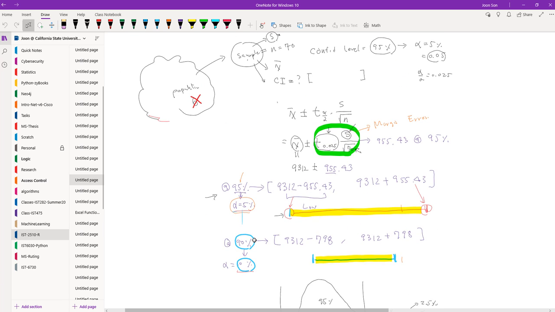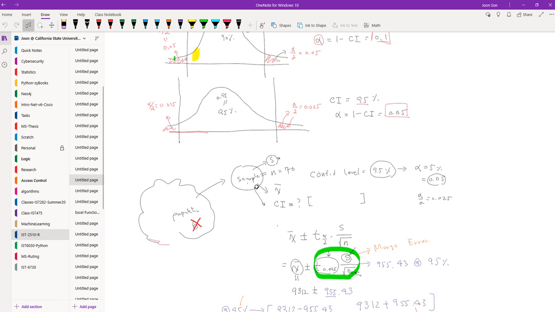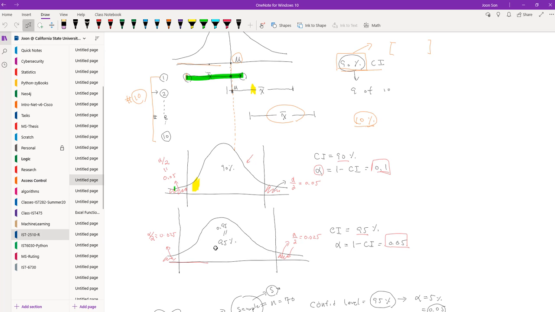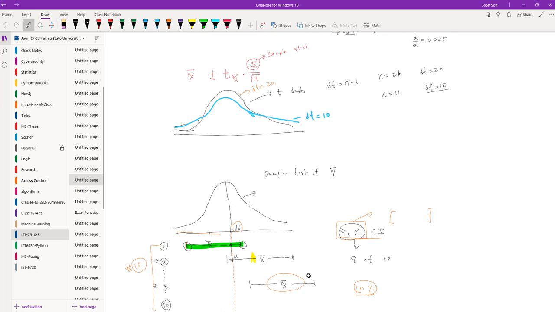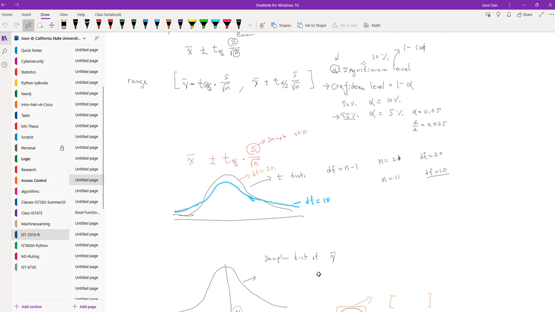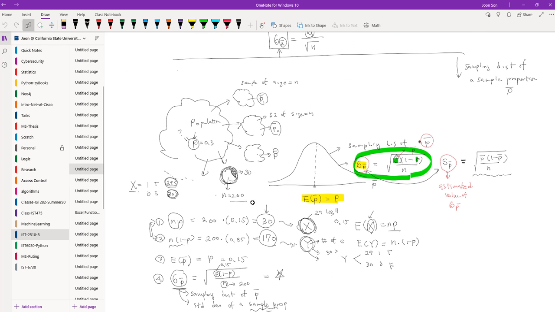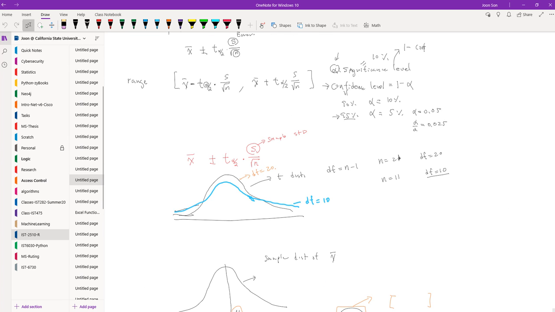So for the Z distribution, the normal distribution, when the confidence is 95%, it's right there.